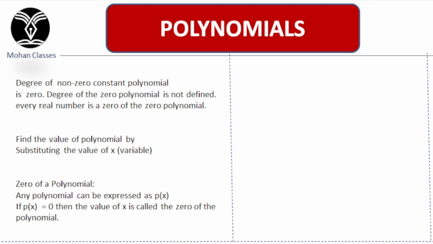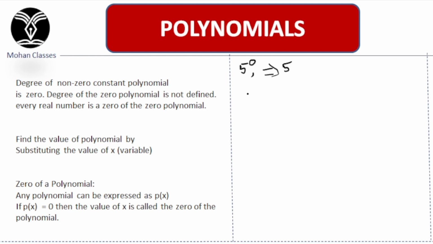Here, the degree of a non-zero constant polynomial is 0. Suppose 5. We are taking 5 as a polynomial, right? A single term 5, we can call it a monomial. But what will be the power here? The power of 5 is 0, because 5 to the power 0 is equal to 5.